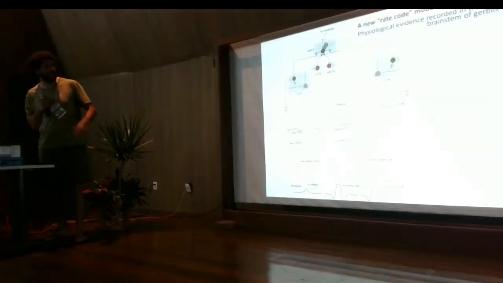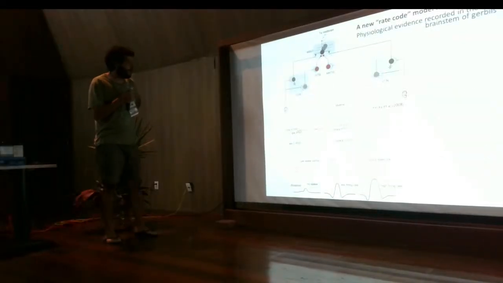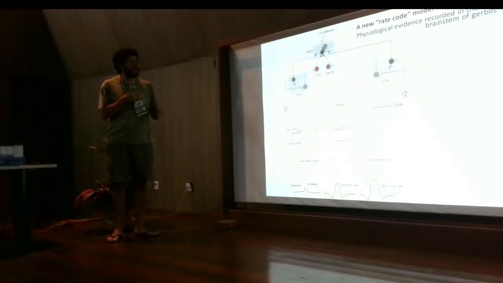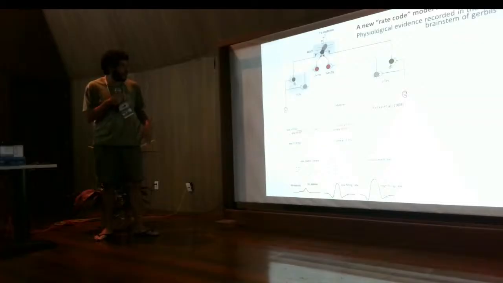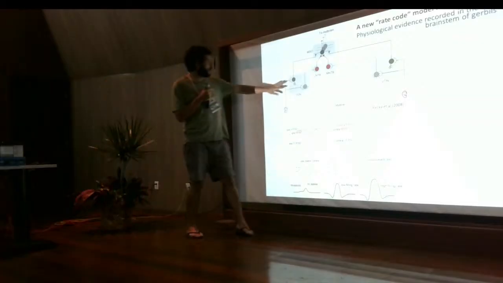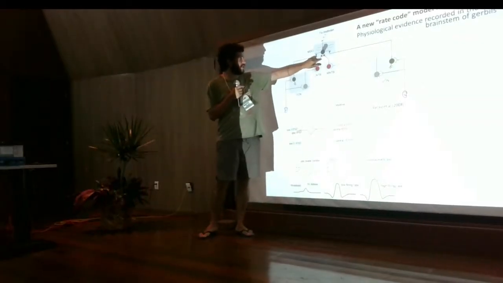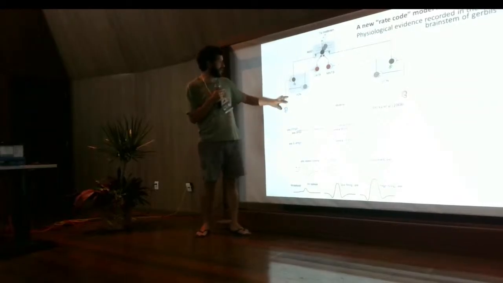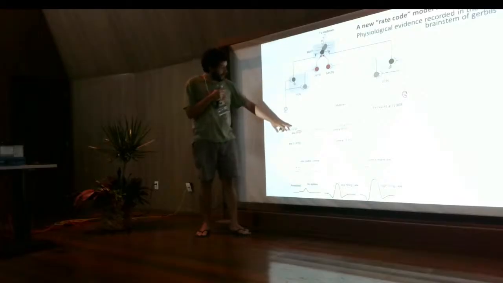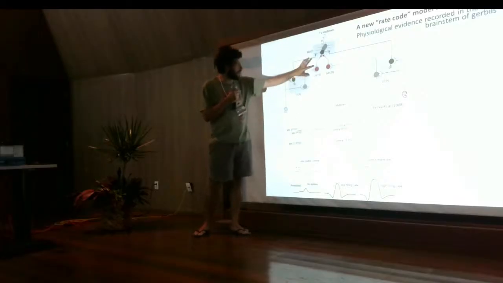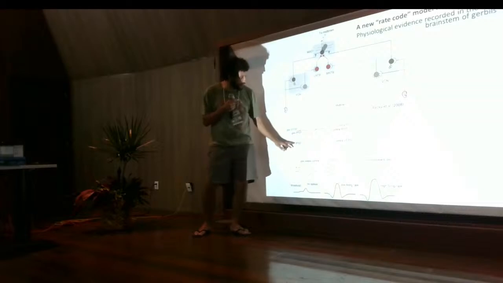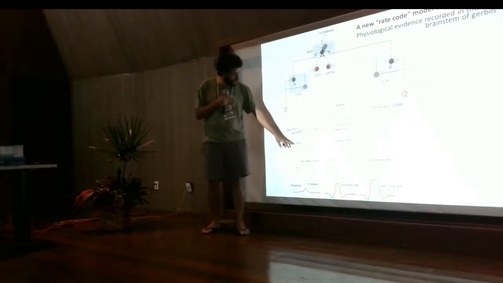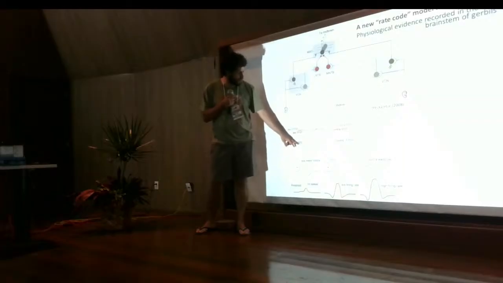And finally, I'm presenting here how it is proposed to do this coding in rate. So the MSO would receive excitatory and inhibitory inputs, for example from the left here, and this is orchestrated in time in such a way that there is an excitatory, then an inhibitory postsynaptic potential, right?